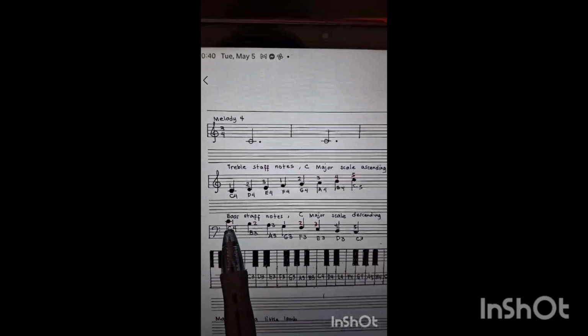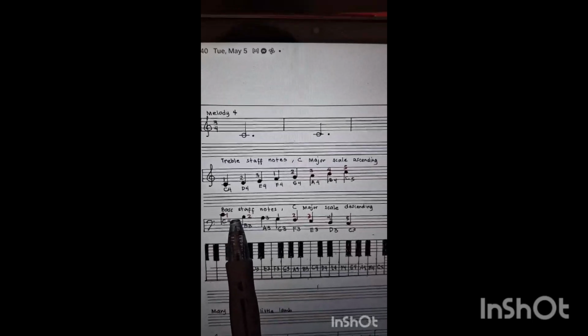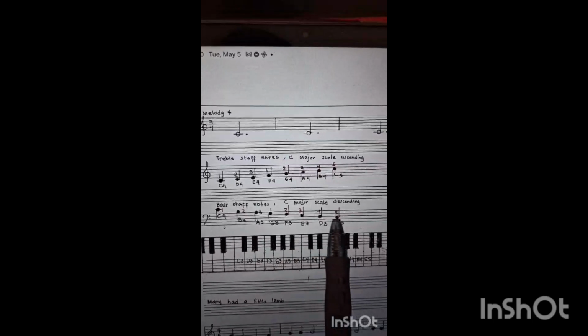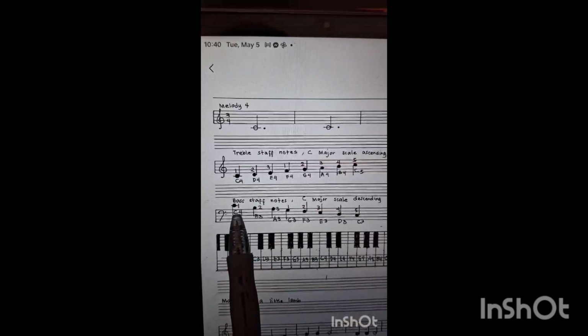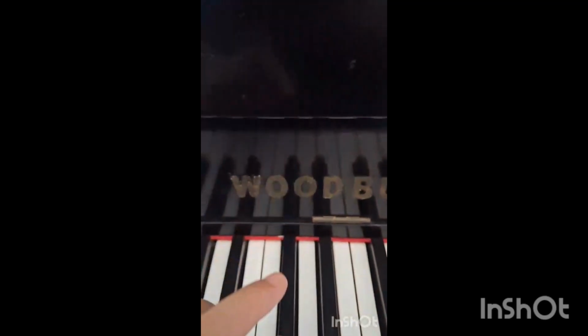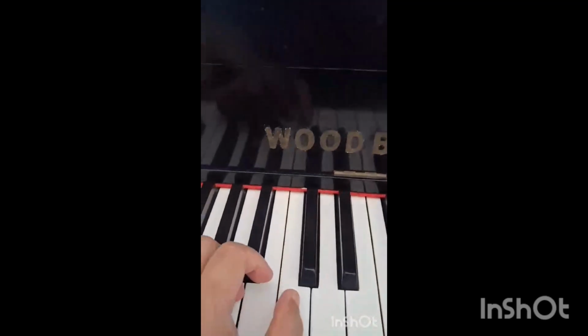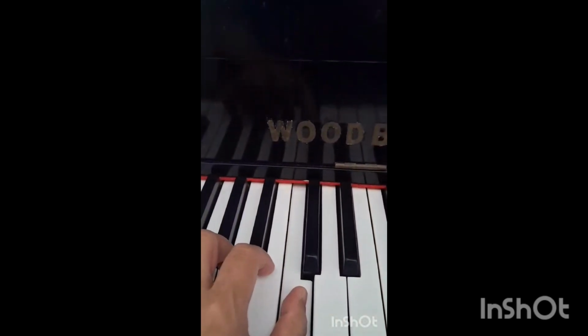As we said, if we can read notes from middle C, we can also read all the notes on the bass staff. So we already know where middle C is on the piano, right? As I said, it's usually found in front of the brand of the piano. And we play middle C with our left thumb like this. That's number 1 finger. Okay?